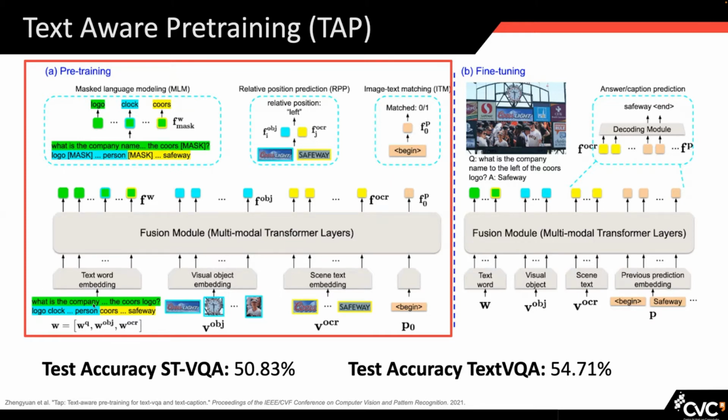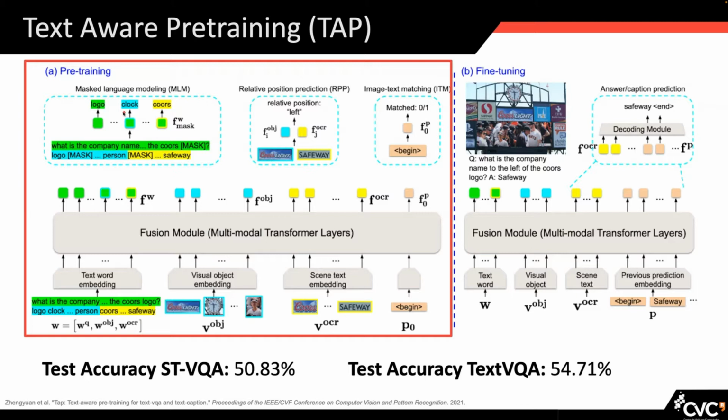Okay, so that is lesson 1. And then lesson 2 is that if you have pre-training plus fine-tuning on exactly the same data, which is on TextVQA or ST-VQA, and do not use any extra data, you automatically get a 5% improvement. So these are the two very valuable lessons this model teaches us.